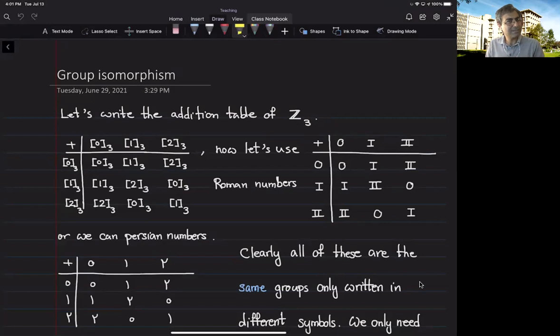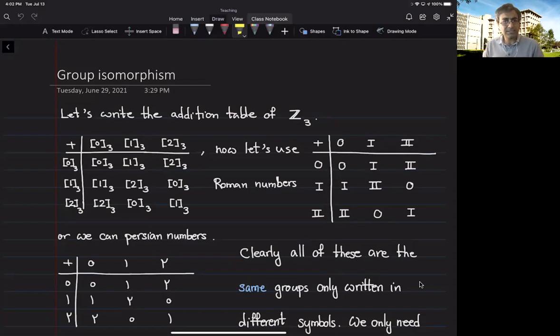But what is a group isomorphism? Let's start with looking at Z sub 3, one of the easiest groups that we know. And when I say looking at it, I mean essentially looking at the operation table of Z sub 3. Z sub 3 has only three elements, 0, 1, and 2.